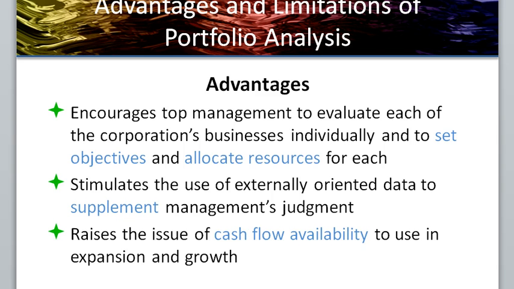The portfolio analysis can help with thinking about data, collecting data, and getting additional information to supplement the managers' decisions or give more expertise to the managers. And for them to look a little bit more carefully at the cash flow and how to expand and control the cash flow of a company.